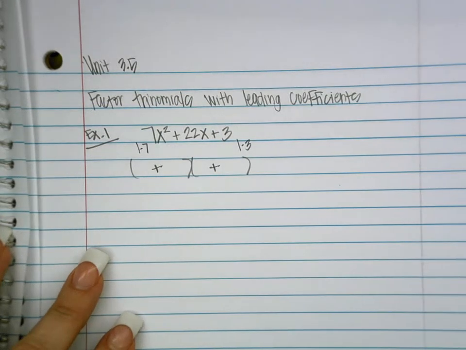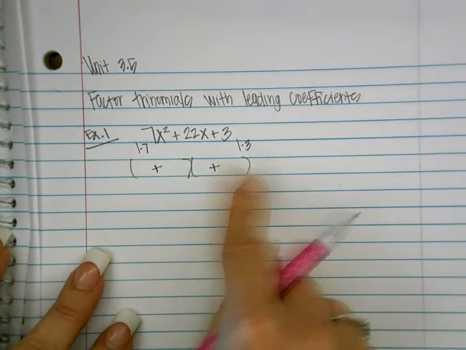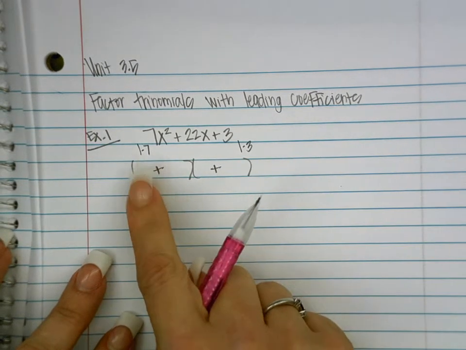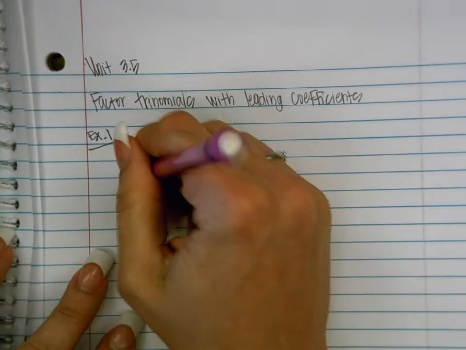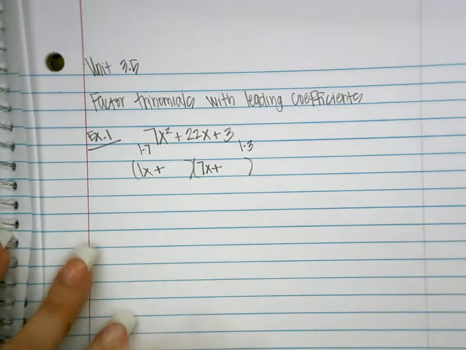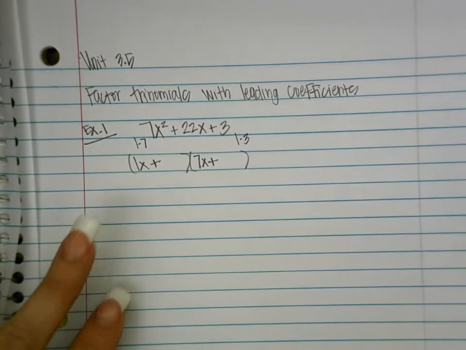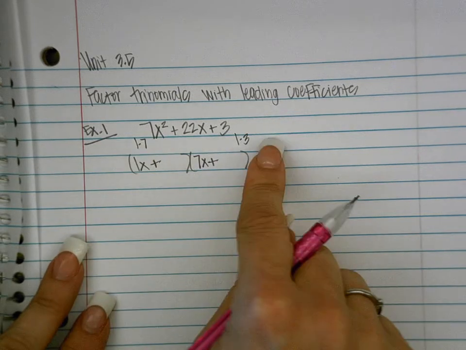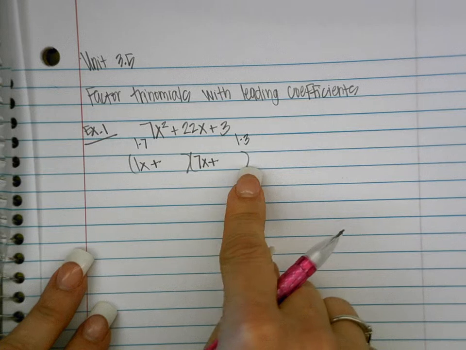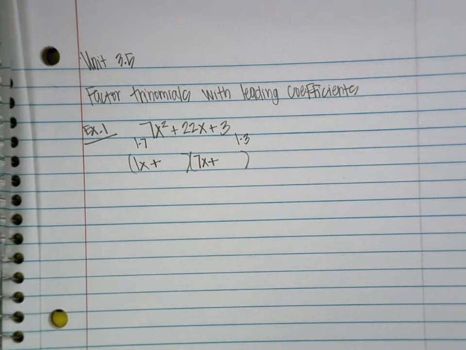The challenging part is you have to figure out which numbers go in which spots. The front numbers would have to break down in the fronts of the parentheses, so 1x and a 7x. This is something called guess and check. You make a list of the factors, guess at where they go, and then check to see if your answer works.